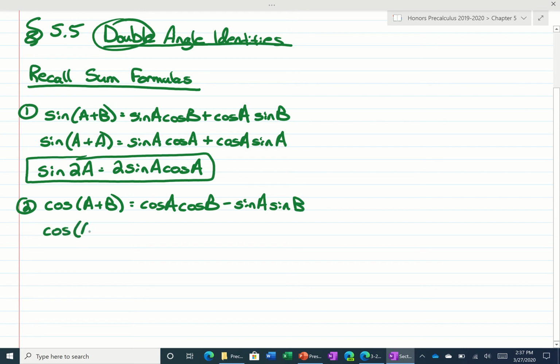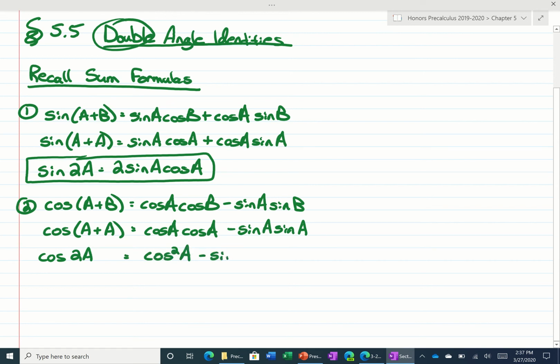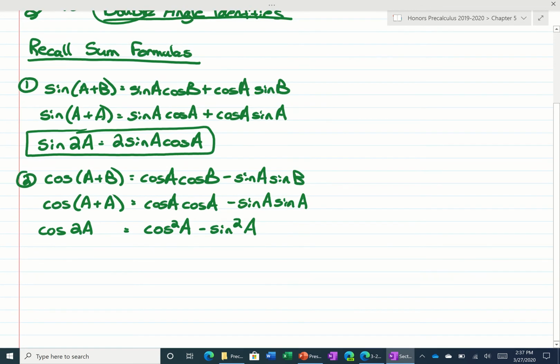But if we instead write a plus a, we get cosine a cosine a minus sine a times the sine of a. So the cosine of 2a would equal cosine squared of a minus the sine squared of a. That's another formula on your formula sheet.